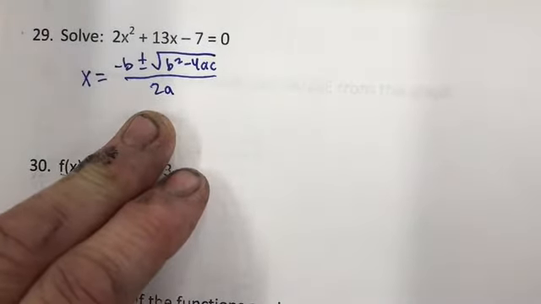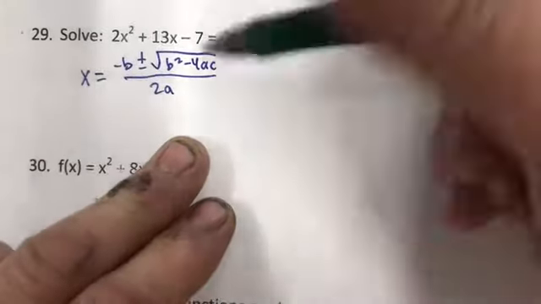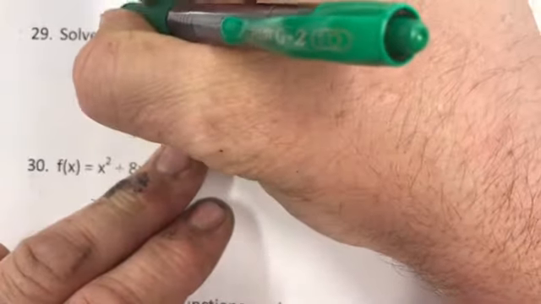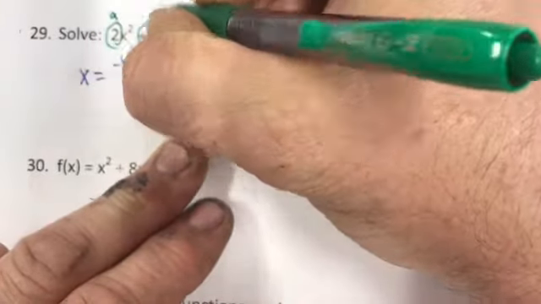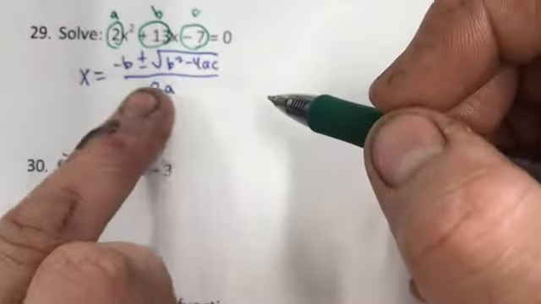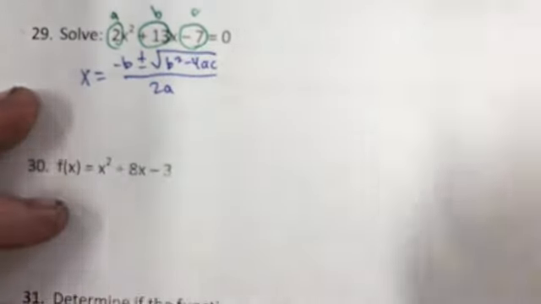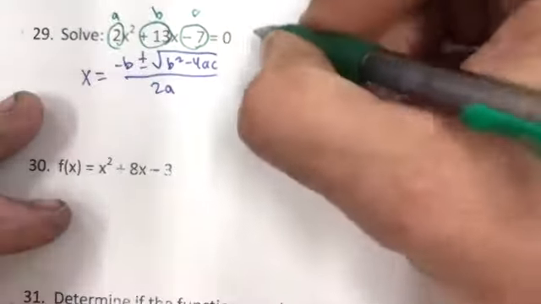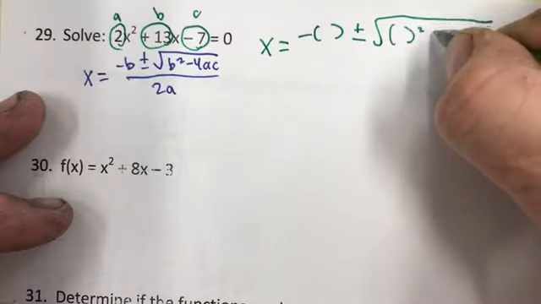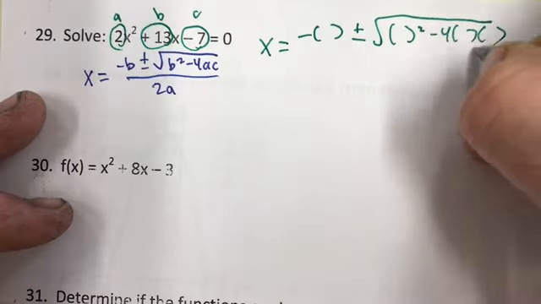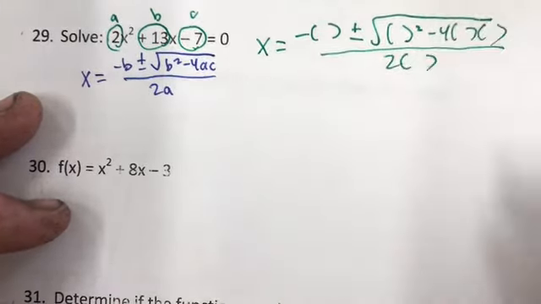So all I do is I take my numbers and put them in. So like right here, this first number, that's my a. Right there, positive 13 is b, negative 7 is my c. You got to pay attention to the signs. So I'm just going to put those numbers in for a, b, and c. I'm going to write it over now, so x equals negative b plus or minus the square root b squared minus 4ac all over 2a.